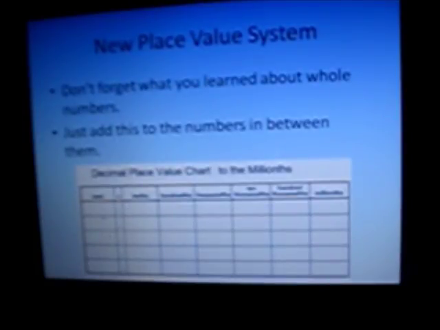Let's practice naming some. Instead of saying point, say the word and. You would say this, 0 and 1/10. You would say this, 1 and 23 hundredths.